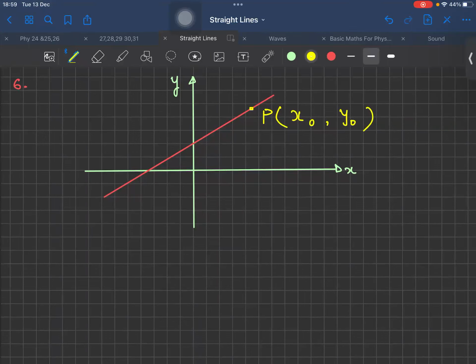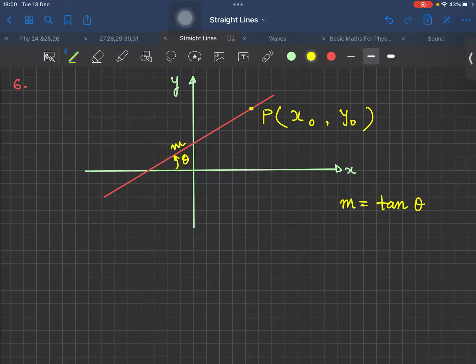This is given, and you are also given the slope. Let's say the slope M is given to you or angle theta is given to you. Either one of these, because M is equal to tan theta. If theta is given, you can find the value of M.